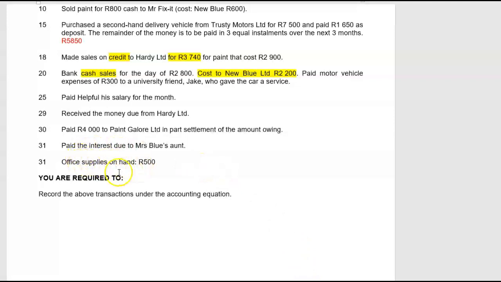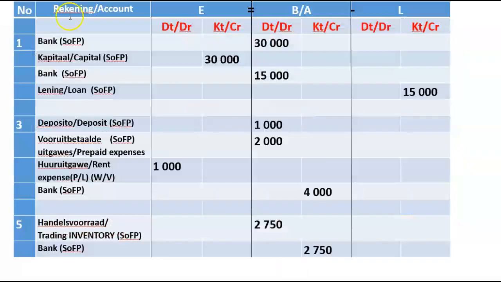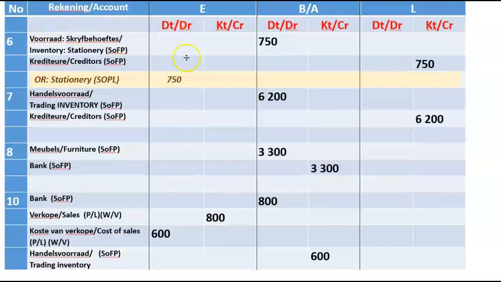Then the last transaction, office supplies on hand, 500 Rand. Now remember initially when we actually transacted that 750 Rand, we actually debited an inventory account with the 750 Rand. We have used 250 Rand of that 750 Rand because we still have on hand at the end of the day 500 Rand of this inventory.